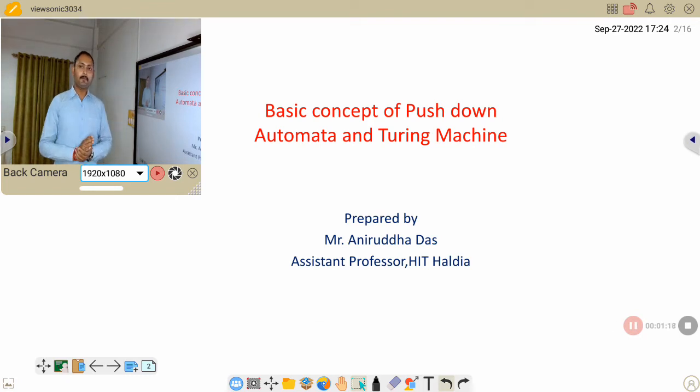By using the pumping lemma we can prove that these types of languages, a to the power n, b to the power n, and a to the power n, b to the power n, c to the power n, cannot be accepted by deterministic or non-deterministic finite automata. That is why we need another type of automata, known as the pushdown automata and Turing machine.